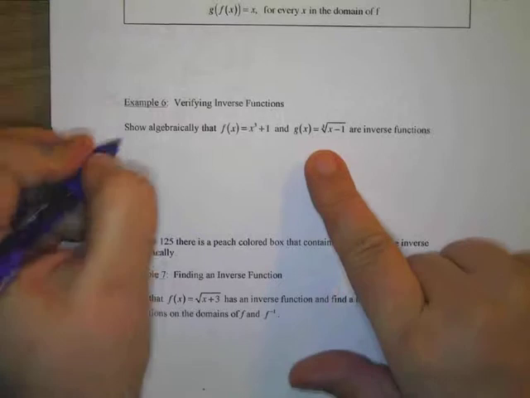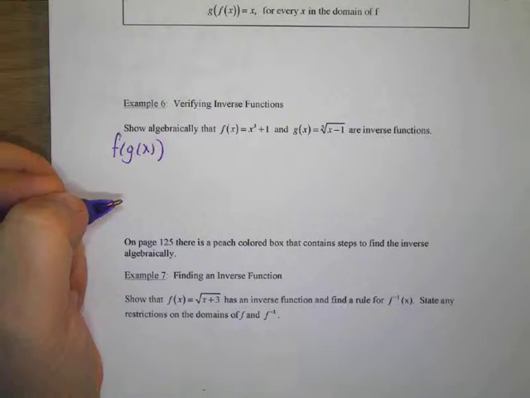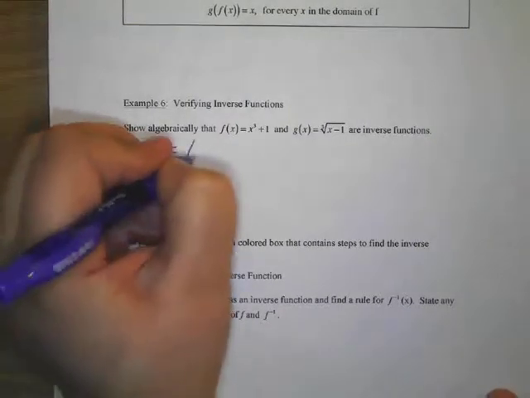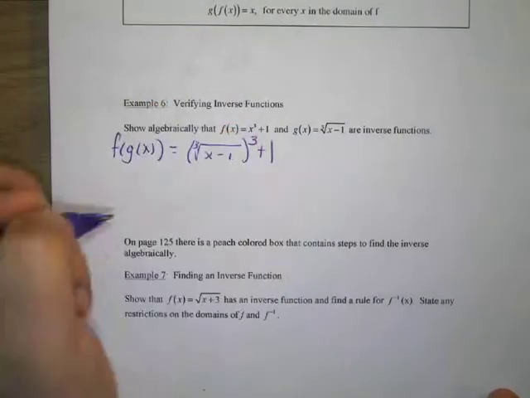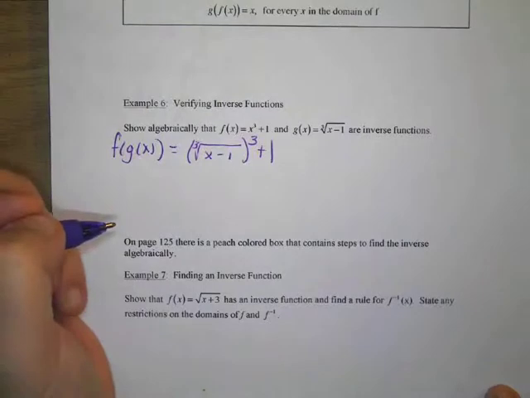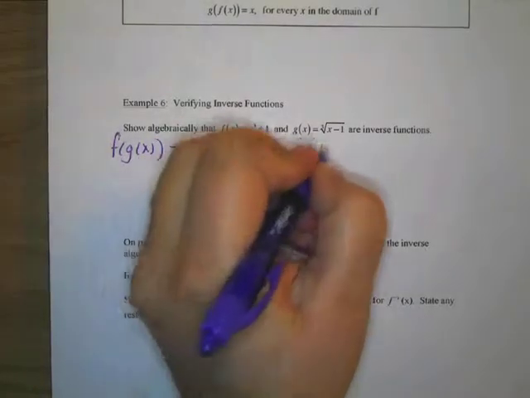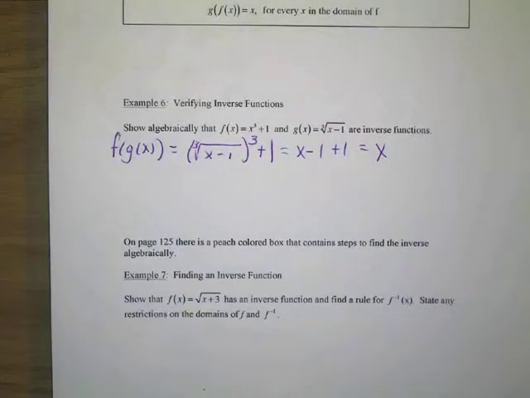So the first thing I'm going to do is f of g of x. So I'm going to take my g function and plug it into my f function. Are you okay with the first step? So what happens with the cube root and the cube? They cancel, and so we're left with x minus 1 and then a plus 1, so that's just x. Nice.